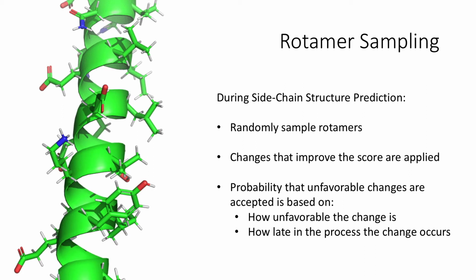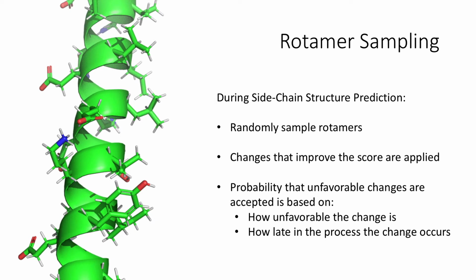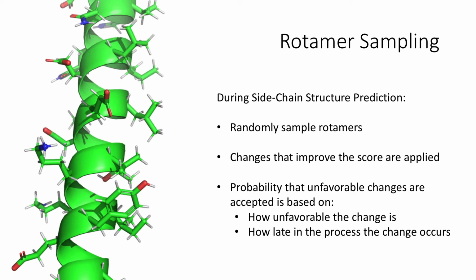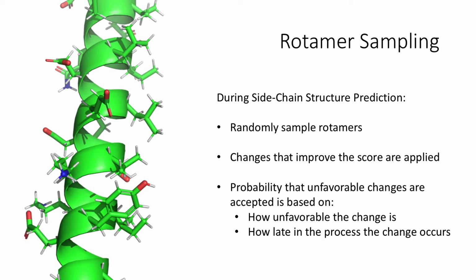If the change in state improves that Rosetta score that I mentioned, then that's accepted. And even if it's a change for the worse, it's still conditionally accepted based on probabilities. Sometimes you need to become less favorable in order to reach a lower energy well. And so, especially early on, Rosetta will allow changes for the worse with the expectation that you'll get that back later, and it'll be for the greater good.